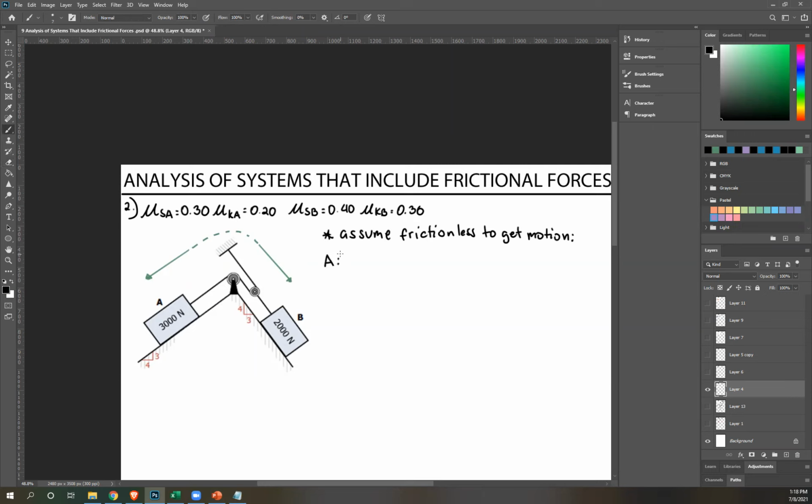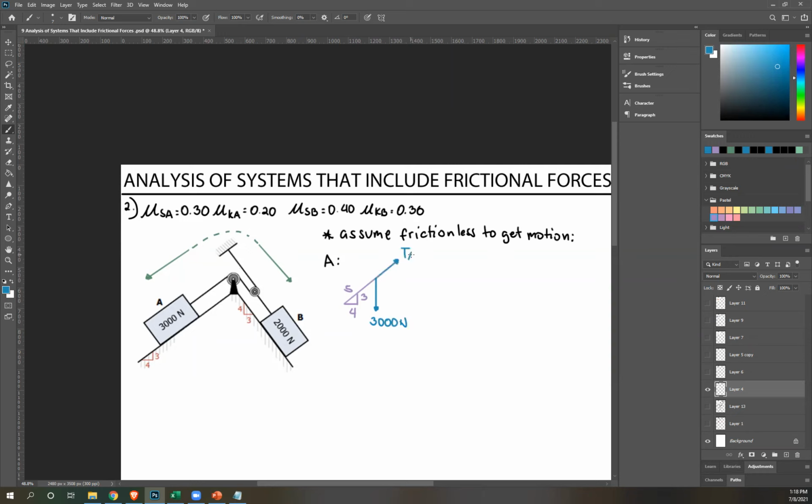Draw your free body diagram. So this is 3, 4, 5. Okay, and then we have weight here downward, which is 3,000 Newton. Then we have tension here.